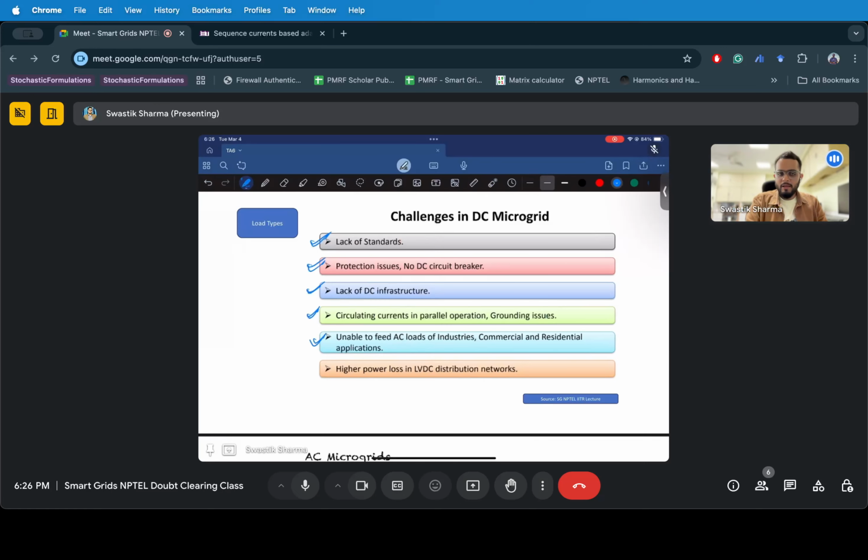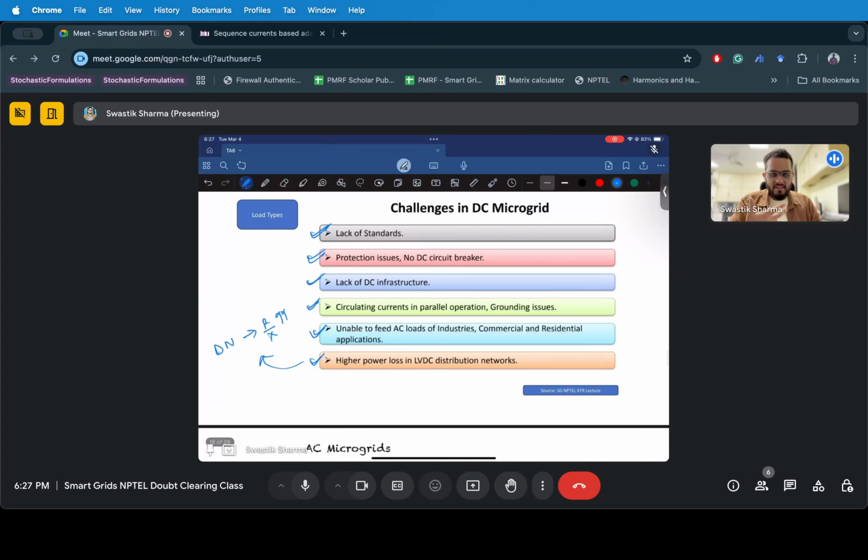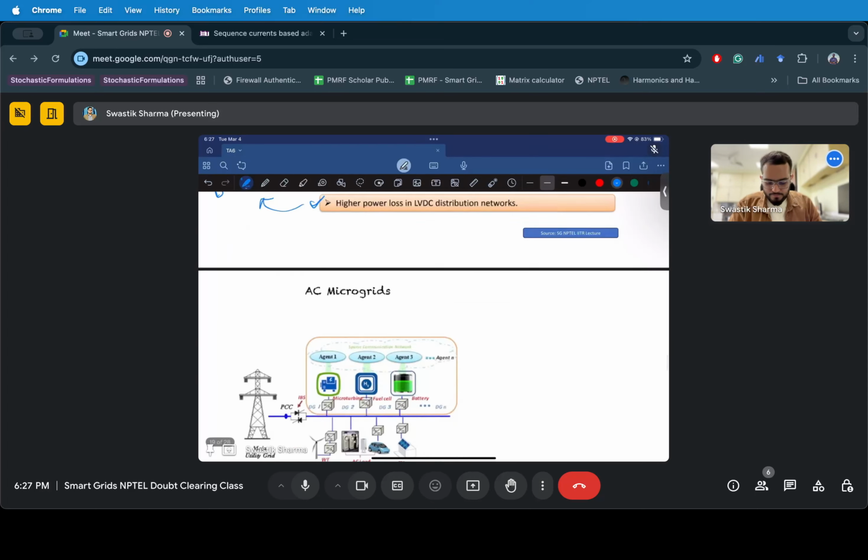Then we won't be able to feed AC loads unless we use converters, and we have high power losses because in DC distribution networks, the R by X ratio increases, right? So resistance is more, and since resistance is more, your power losses will be more in low voltage DC distribution networks, right? So these are some challenges that DC microgrids face.